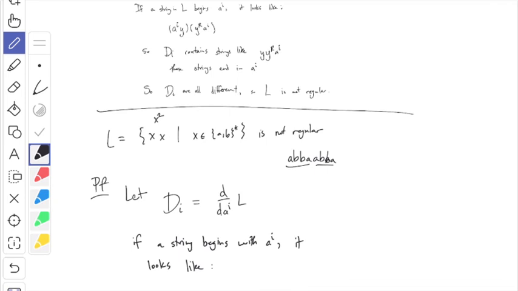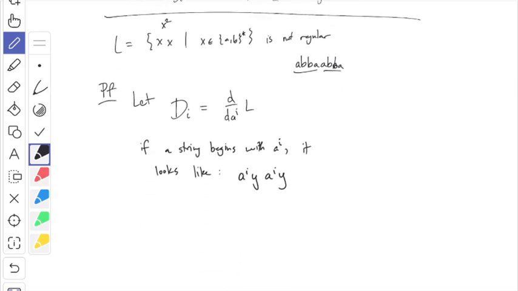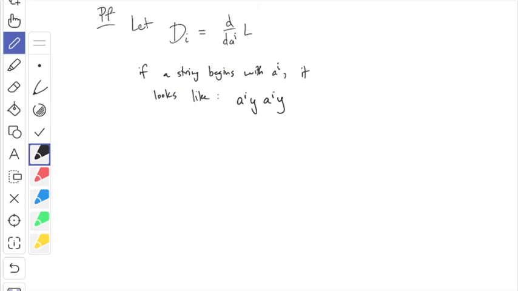Folks back home, you can chime in if you like. I hope I'll hear you. My sound is off. What do you think? AIY, AIY. Yeah, AIY followed immediately by AIY. If the string is in this set, then it has to look like AI with some other stuff, followed by AI with some other stuff.